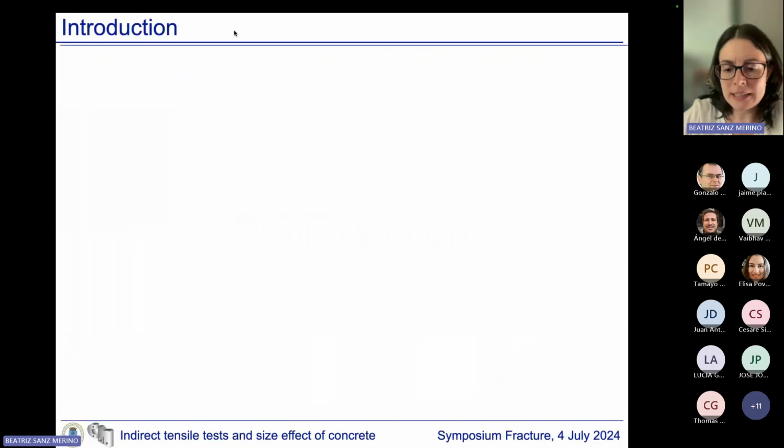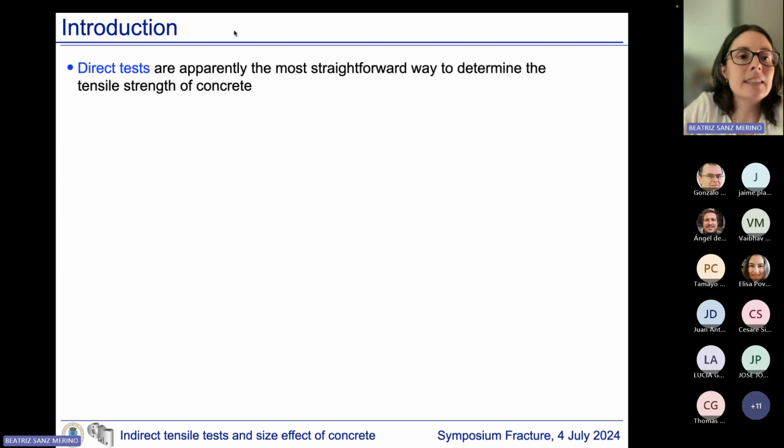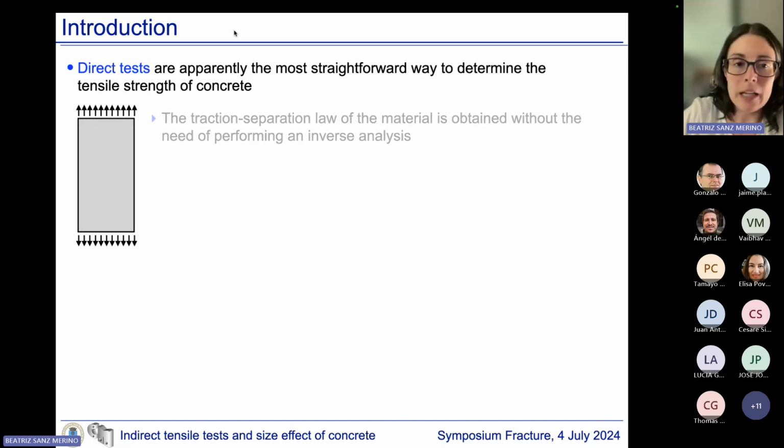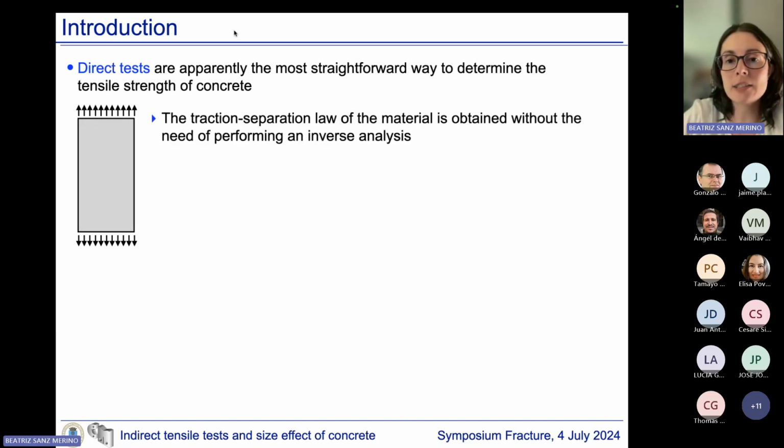Let me start by commenting that direct tensile tests are apparently the most straightforward way to determine the tensile strength of concrete. In those, a tensile stress is applied, and the traction separation law of the material is obtained without the need of performing an inverse analysis.